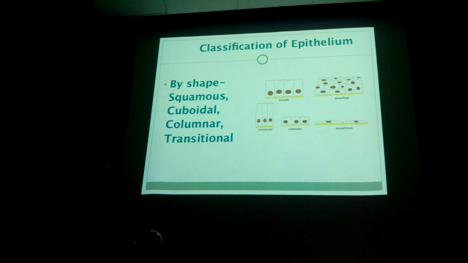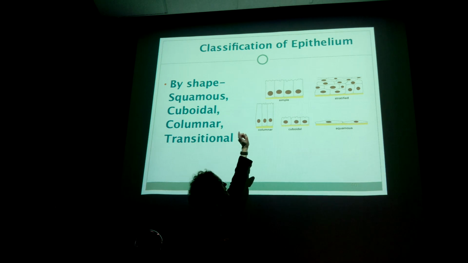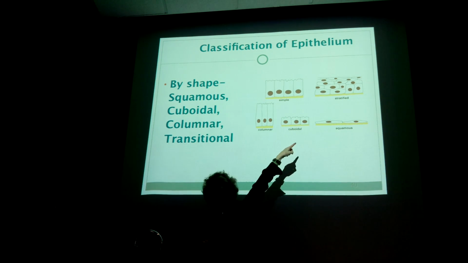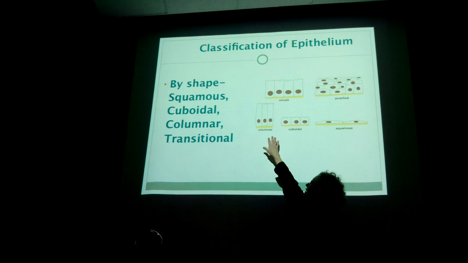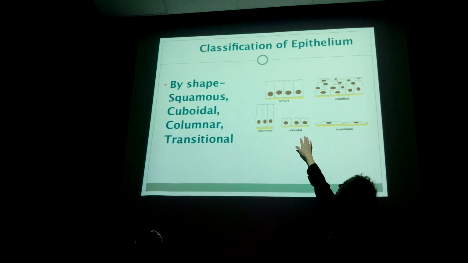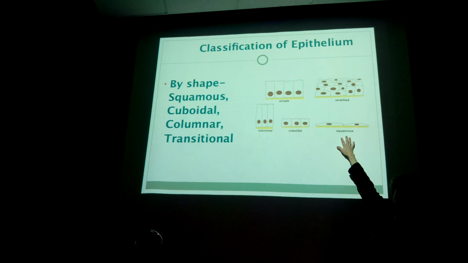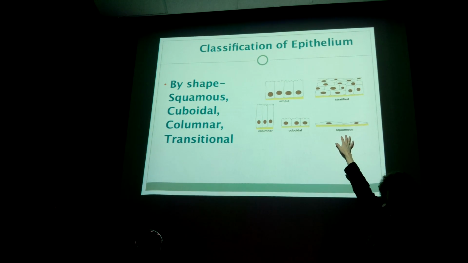When you look at epithelia under the microscope, you look for the nucleus, and it gives you an indication of these types. So we can have epithelia that is simple, stratified, or pseudo-stratified, and that epithelia is either columnar, cuboidal, or squamous. Squamous means flat, by the way.